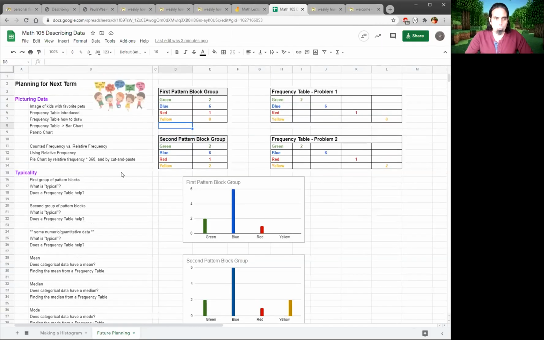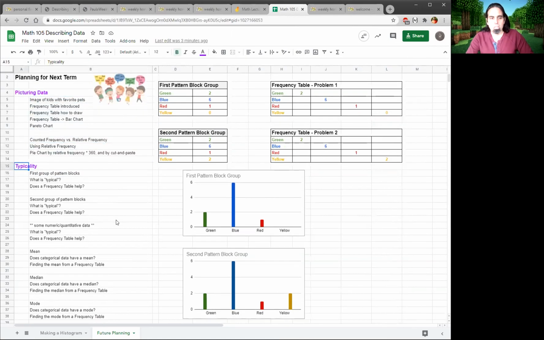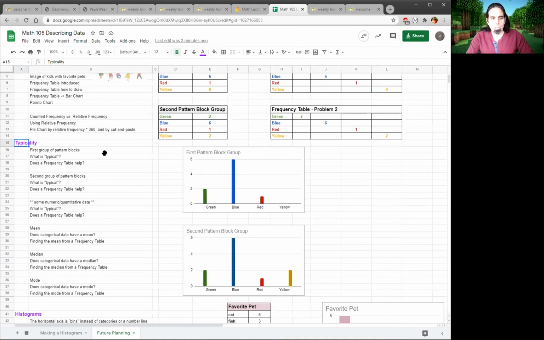So moving on, then we would talk about, after all of that stuff, for picturing data, what we did with typicality. That typical kind of means what's most representative, what is most common, or add them up and divide by how many. And in a friendly data set, then those all mean the same number, right?